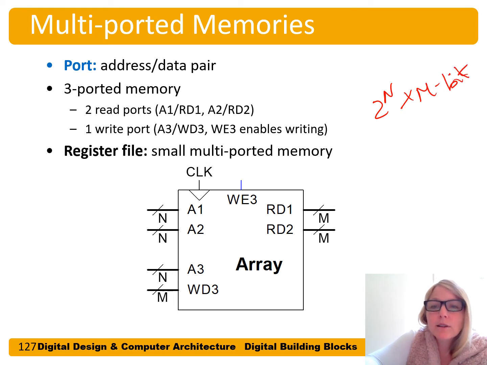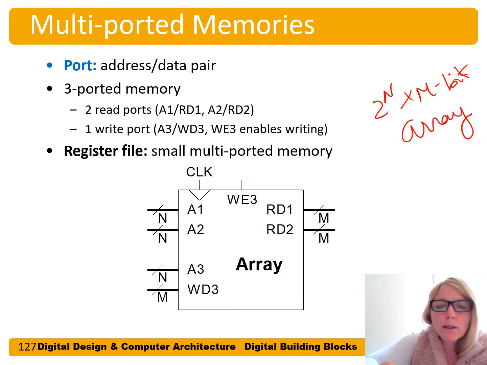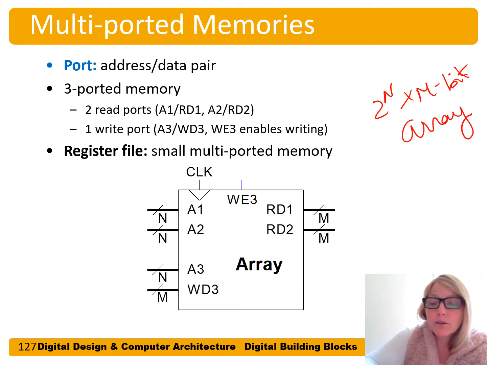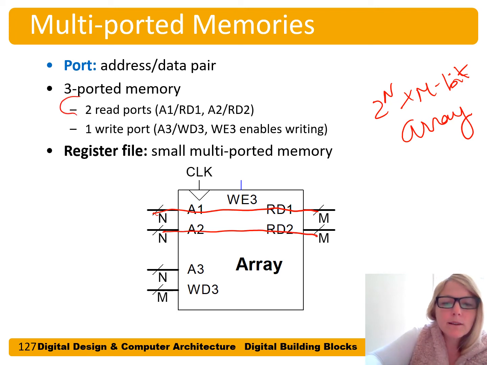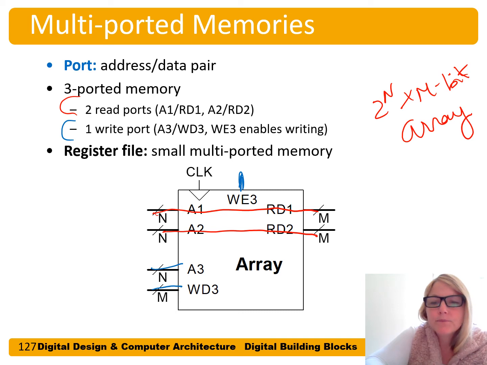It's still a single memory array, but we can read 2 addresses at a time and write to a 3rd address all at the same time. Here are our 2 read ports, address 1, read data 1, address 2, read data 2. And then we also have a write port, address 3, write data 3, and write enable 3.